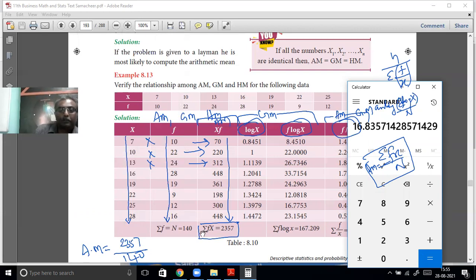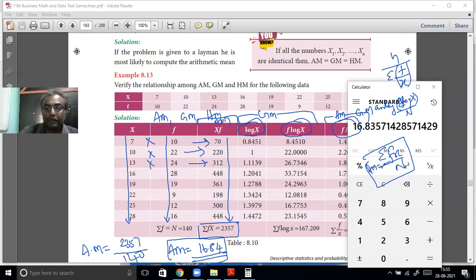So this is the first one. Arithmetic mean is equal to 16.84, we are rounding it off. So this is the arithmetic mean you have found out very easily.